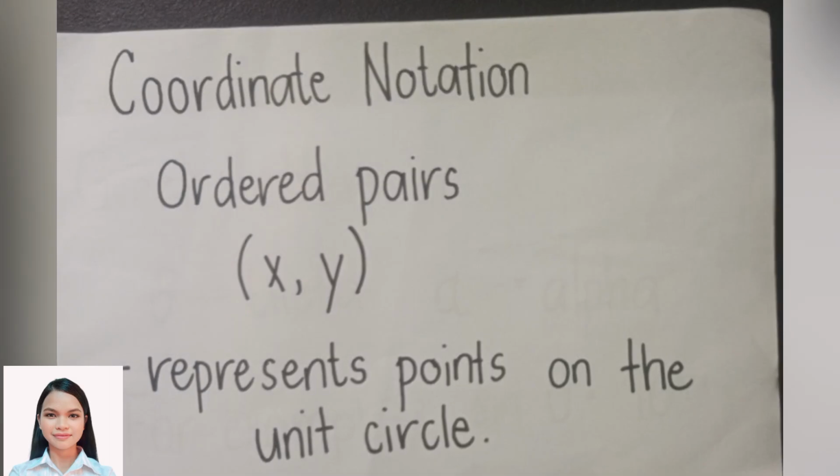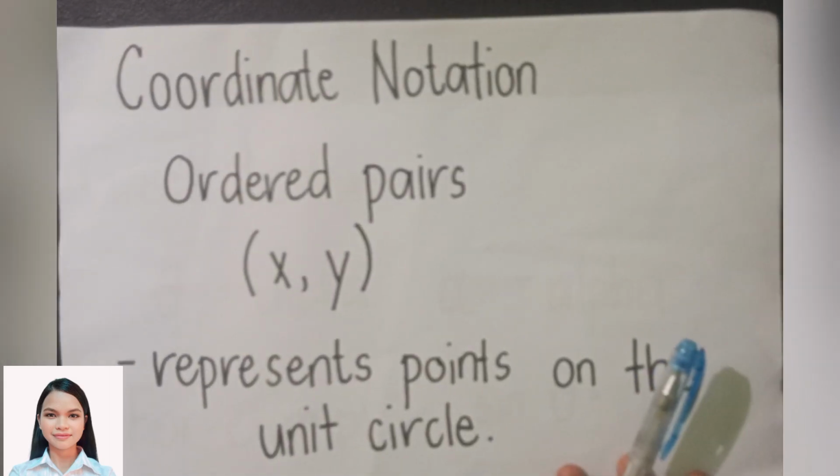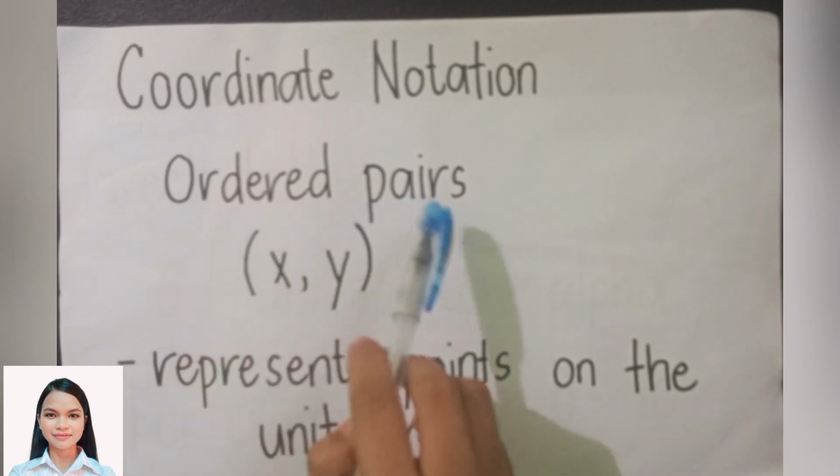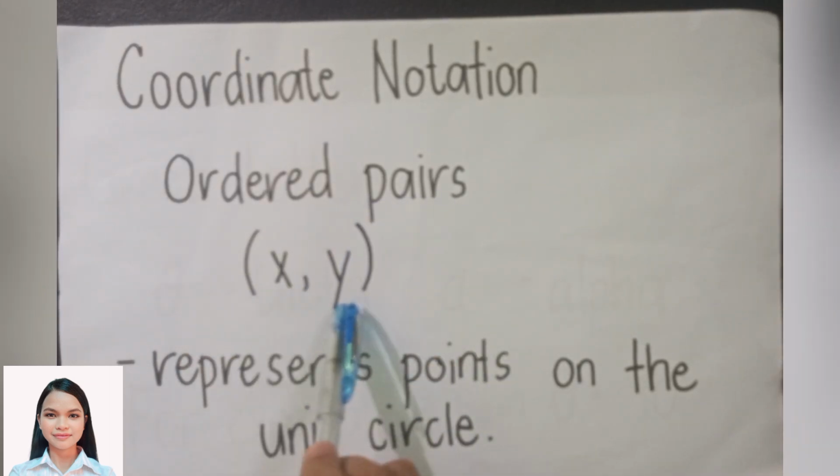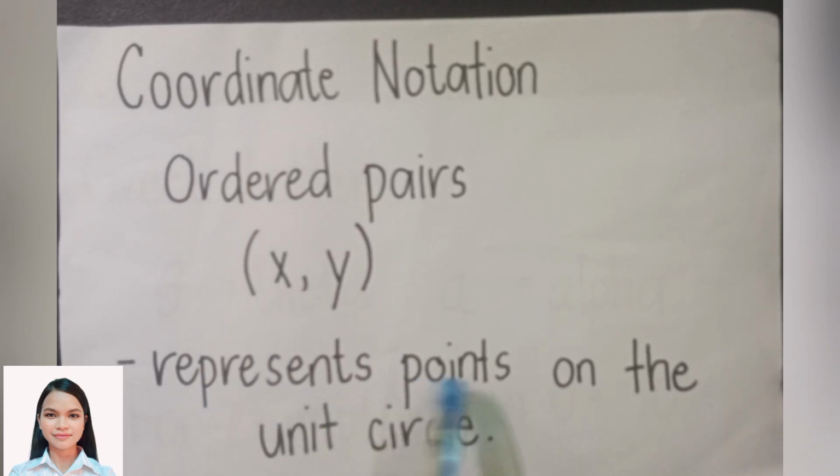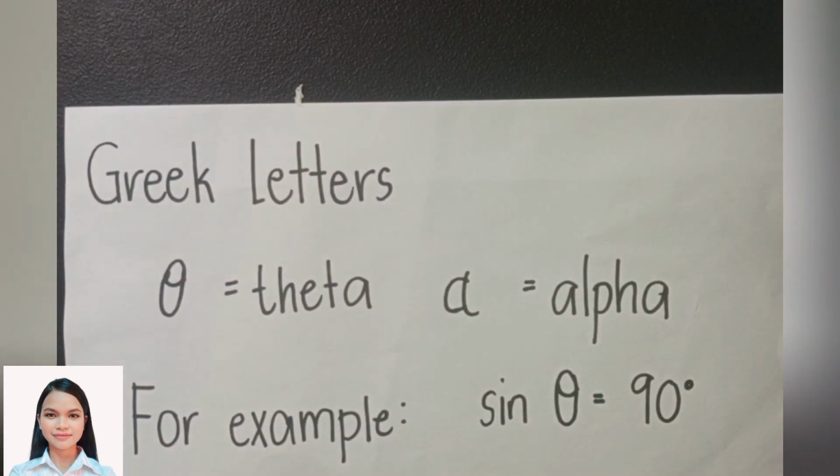Next is the coordinate notation. In coordinate notation are the ordered pairs, the x and y axis. Ordered pairs represent points on the unit circle, which later on we will talk about. And lastly, the Greek letters.